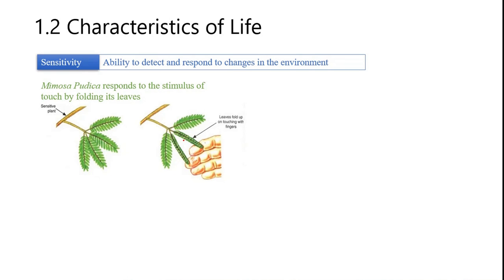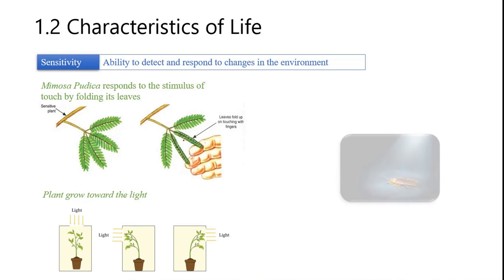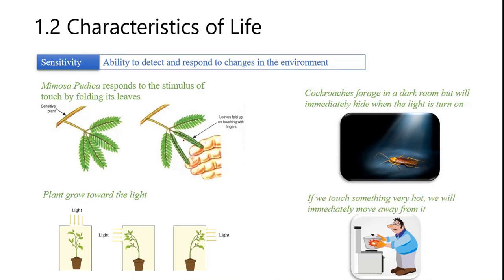Humans also have sensitivity. For example, if we touch something very hot, we will immediately move away from it. Humans are sensitive to heat, and animals like cockroaches are sensitive when the light is turned on.